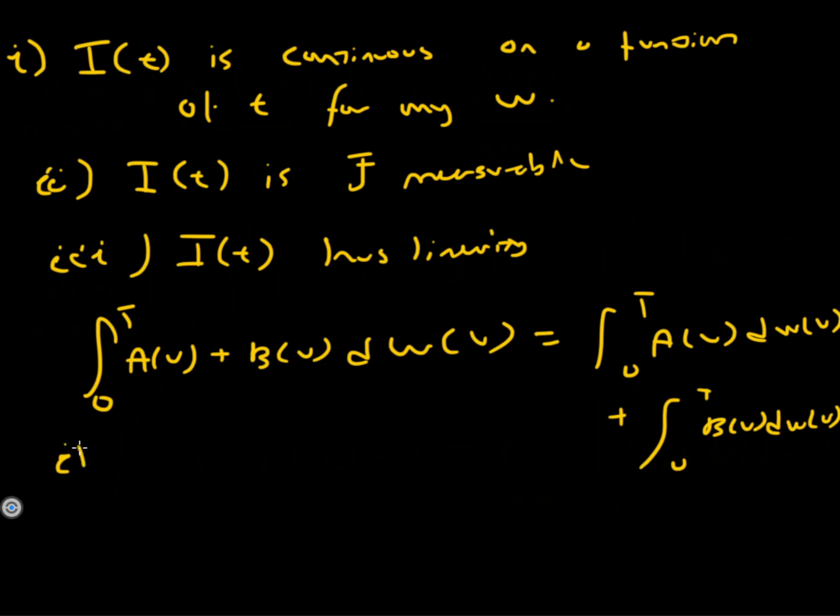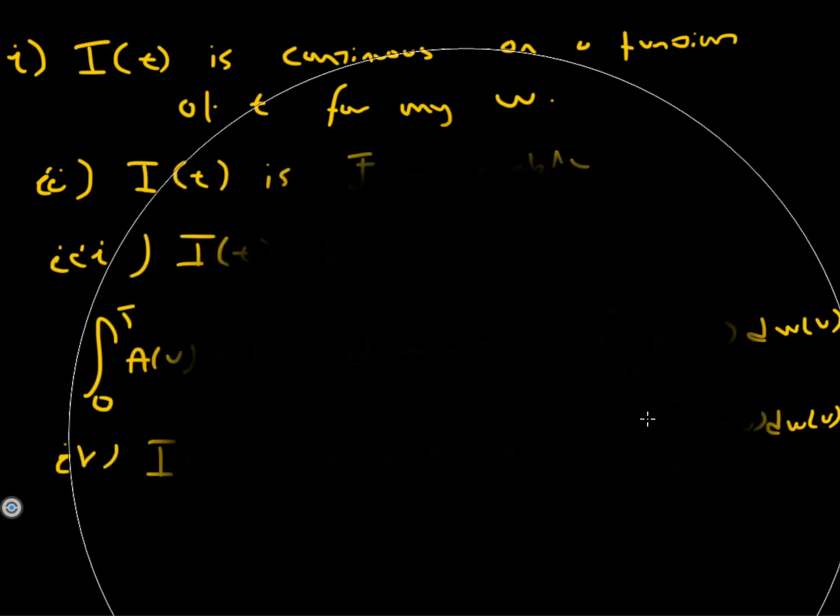Alright. The fourth, which comes from the past one, is that the Ito integral is a martingale. And then the fifth, which we've already seen in the simple case, will carry downwards: Ito's isometry.